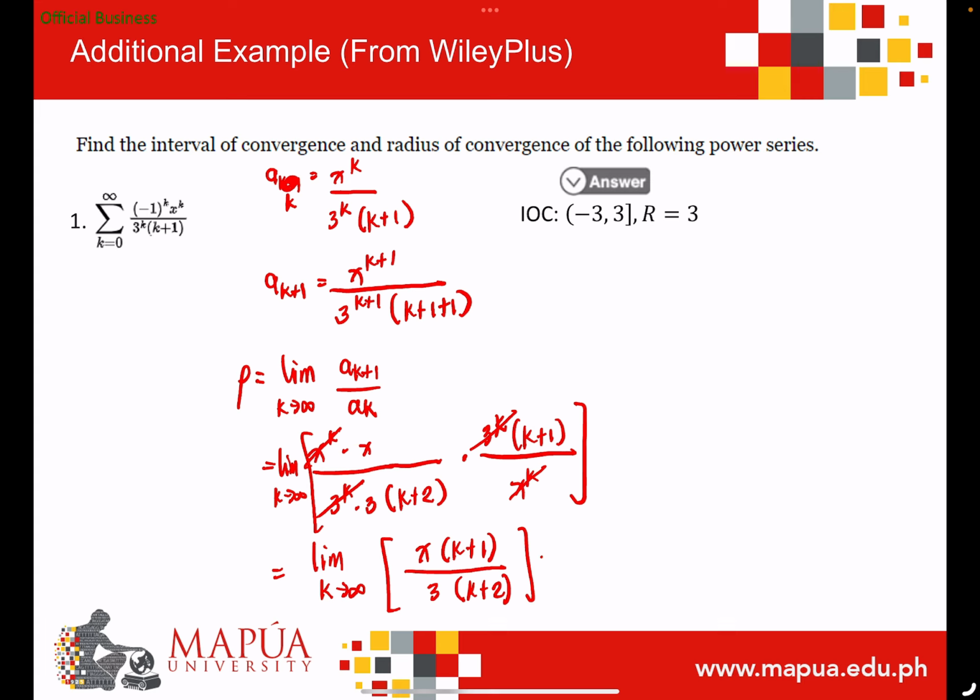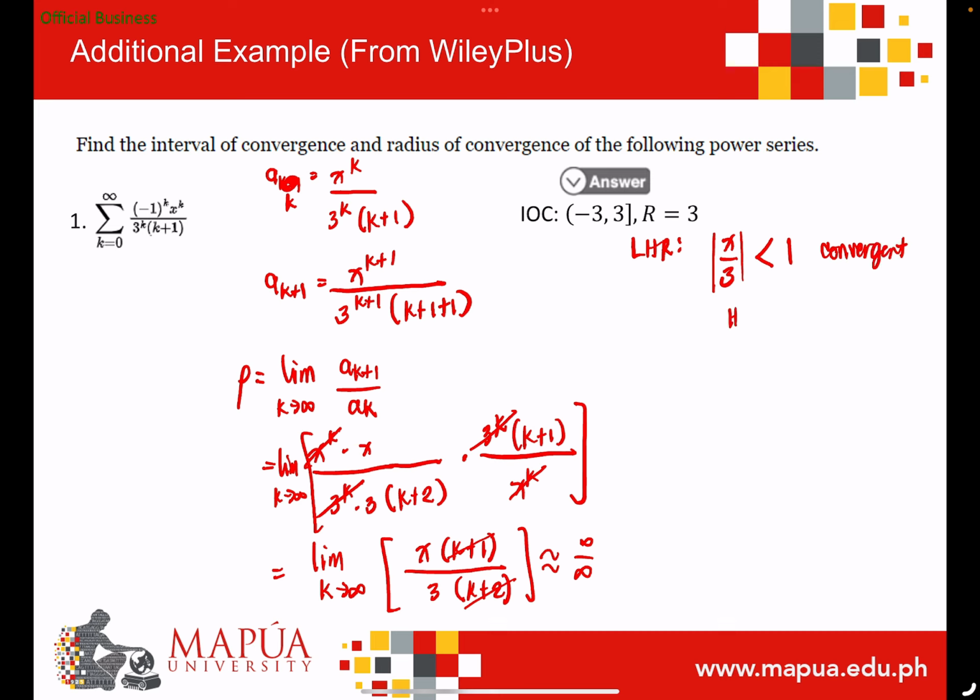So this would be infinity over infinity, so we apply L'Hopital's rule. So that would be x over 3, and applying L'Hopital's rule, it would be 1 over 1. So when the absolute value of x over 3 is less than 1, this would be convergent.